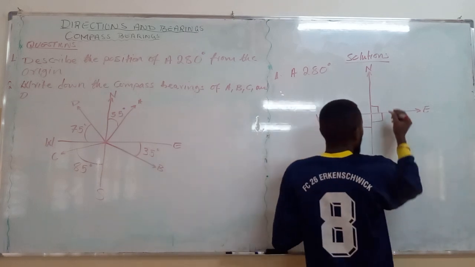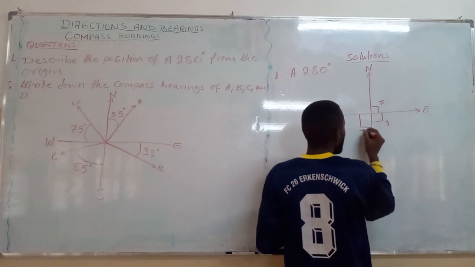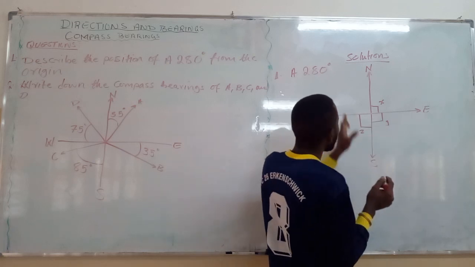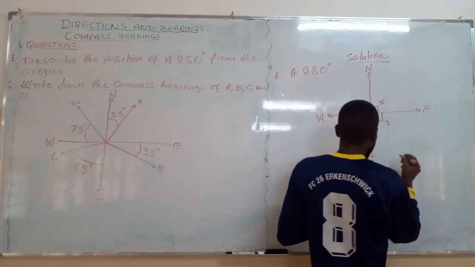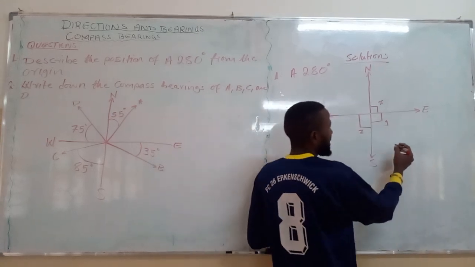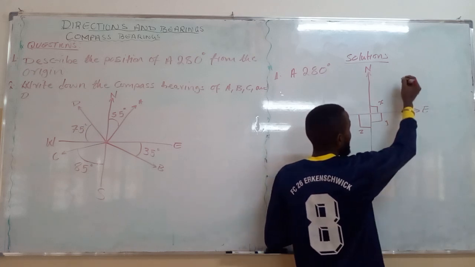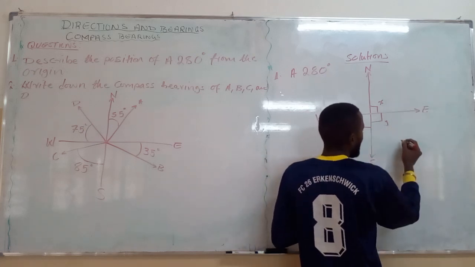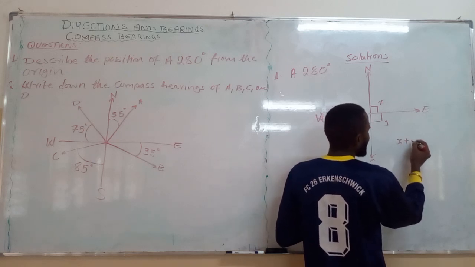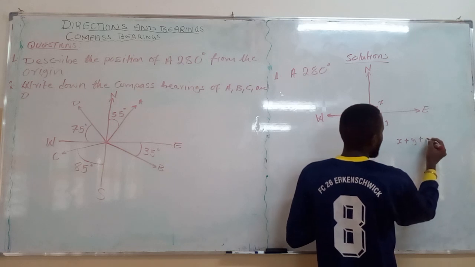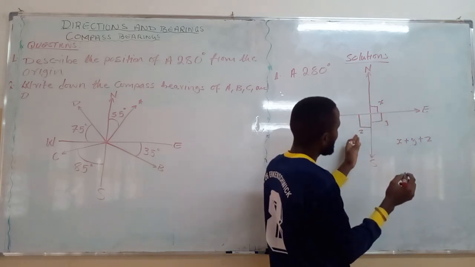So let's pretend that this is my X, and this is my Y, and this is my Z. How do I get the 280 degrees? X, which is 90 degrees, plus Y plus Z. We need to know this part.